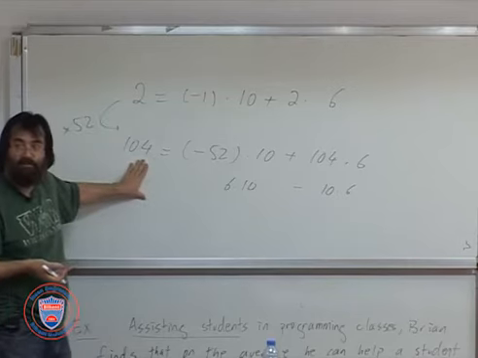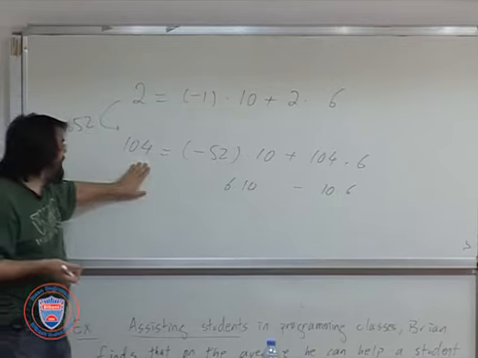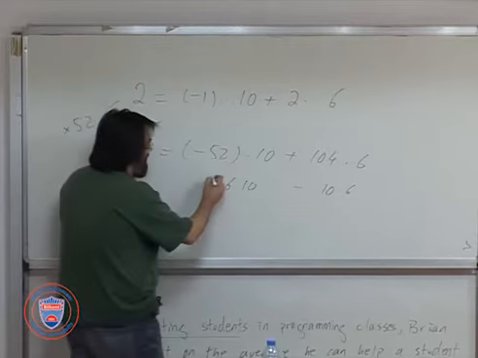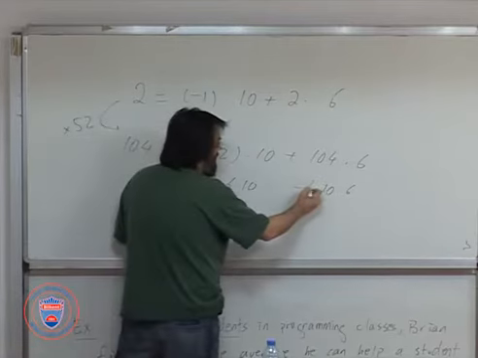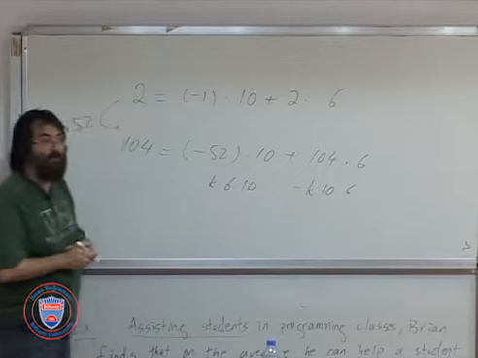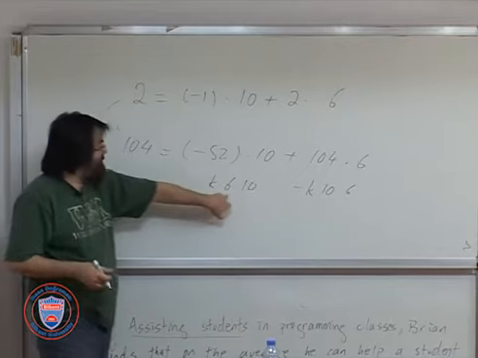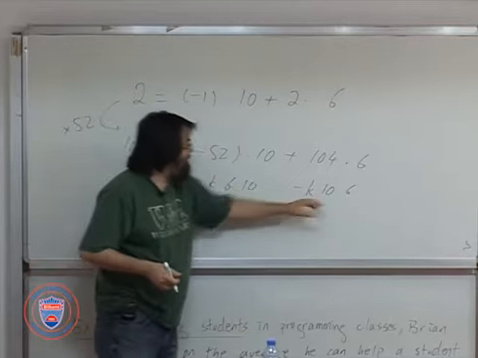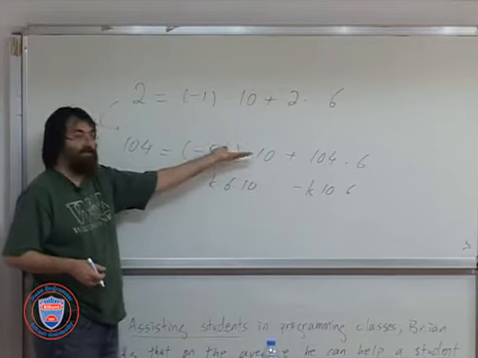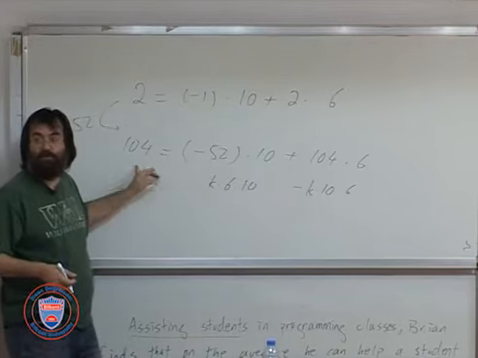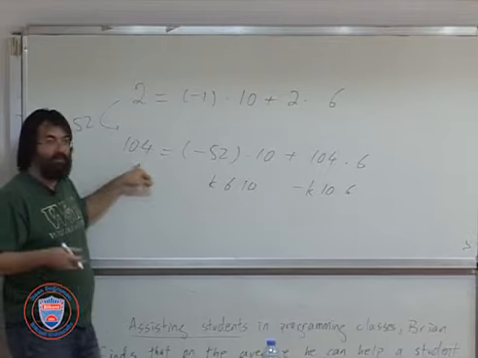The answer doesn't change. And you can do it k times: k times 60 minus k times 60. If you add this to the equation, you still have the same thing. And k is any number you choose.